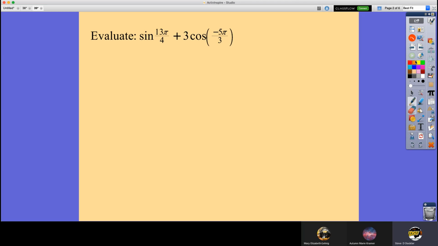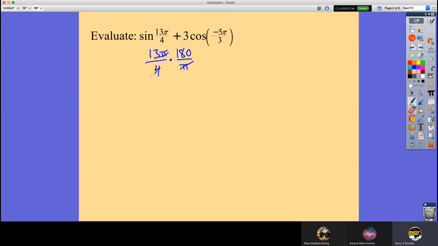A lot of the same stuff. Sine of 13 pi over 4 plus 3 cosine of negative 5 pi over 3. First step is to do what? We're going to multiply by 180 over pi.